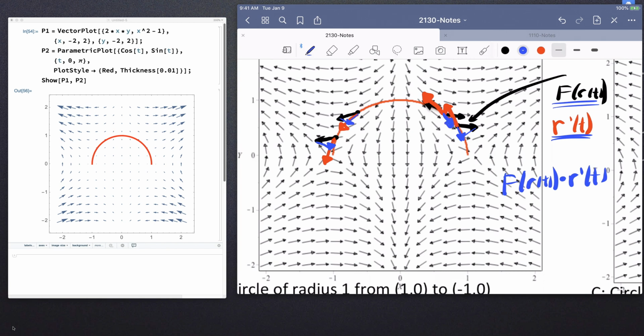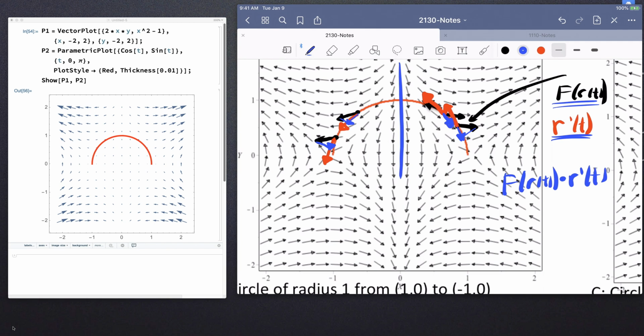As we can see, on one half of the curve the force and the direction of motion are in opposite directions of each other.